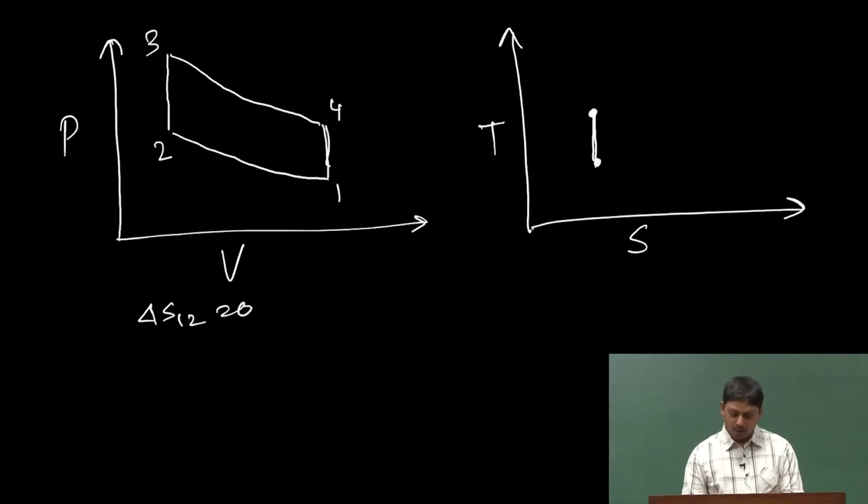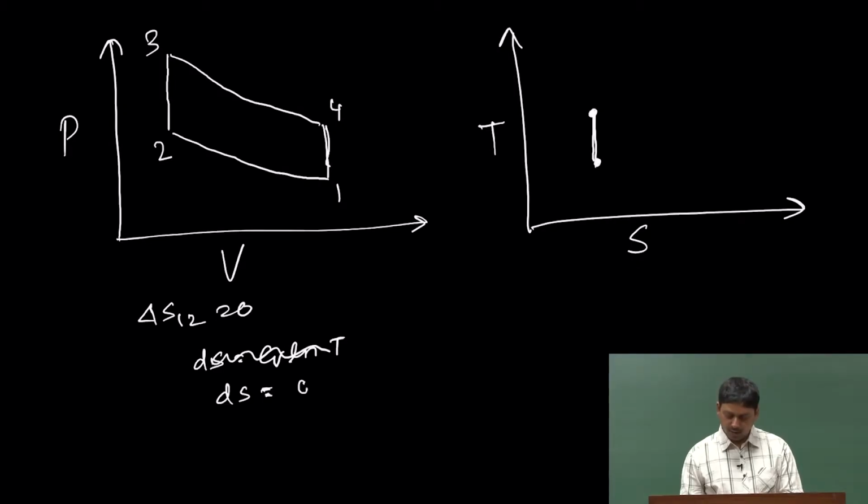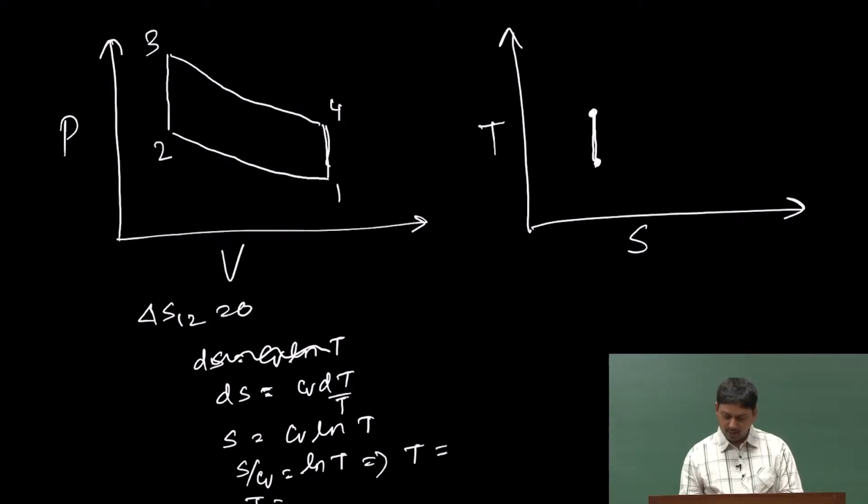Now, 2 to 3, how do we calculate that? So, we know that in 2 to 3, dS is dq reversible by T, which is Cv dT by T, and S is Cv ln T, which means that S by Cv is ln T and T is e to the power S by Cv.